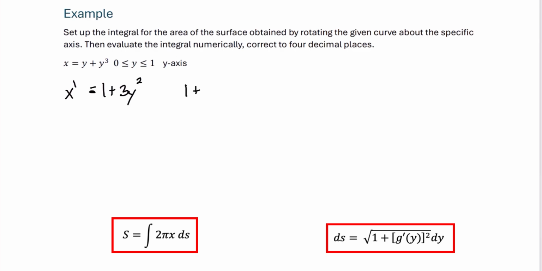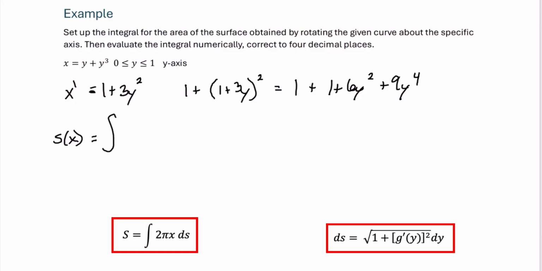1 plus 3y squared, squared, will give us 1 plus 6y squared plus 9y to the 4th. And then we'll combine those ones when we write out the area.